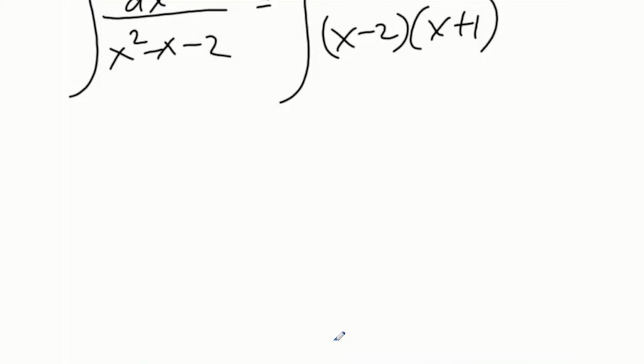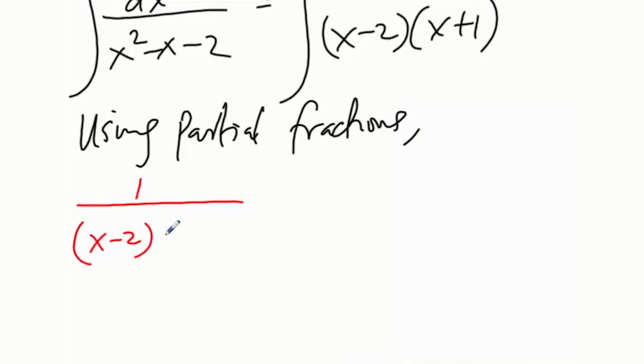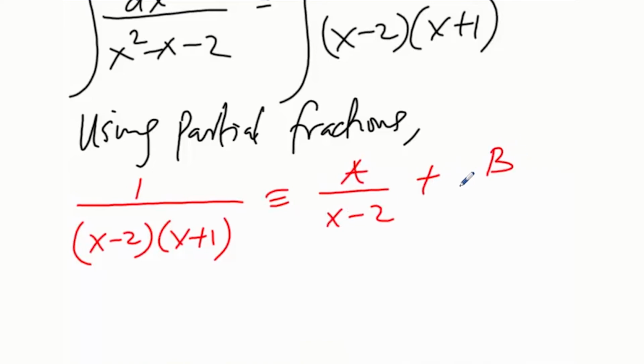So 1 over (x minus 2)(x plus 1) is going to give me A over x minus 2, plus B over x plus 1.